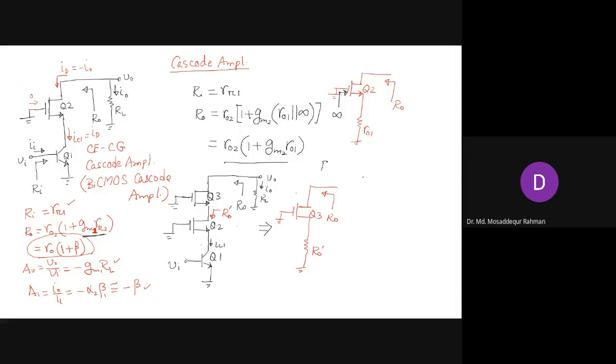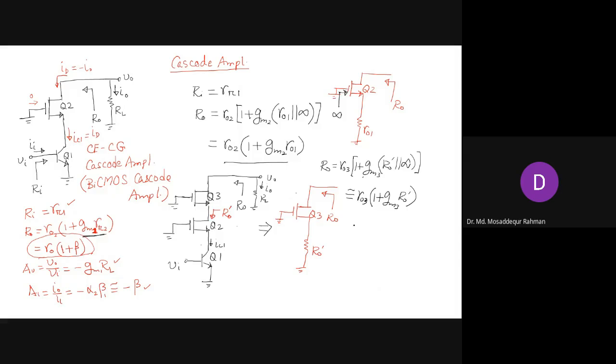What do we write for R_o? R_o3 times (1 + g_m3 R_o prime), in parallel with infinite resistance. Obviously R_o prime is much smaller than this infinite resistance, so we can approximate this to R_o3 (1 + g_m3 R_o prime).